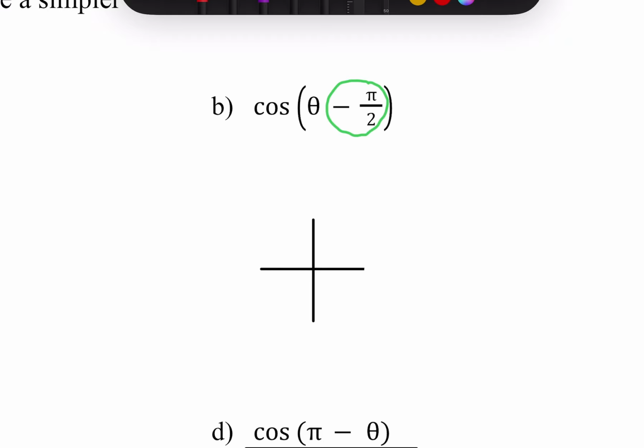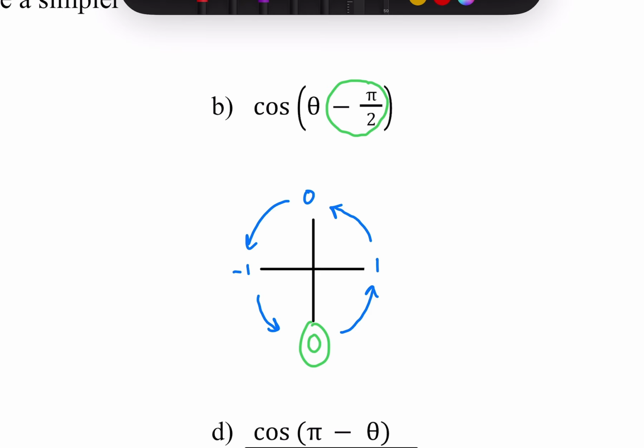So I start at -pi/2 radians, and I know at that point the x value is just 0. So that's my starting value. And then as I go around, cosine here is 1. And then the x value here is back to 0. And then here it's -1, and on it goes.